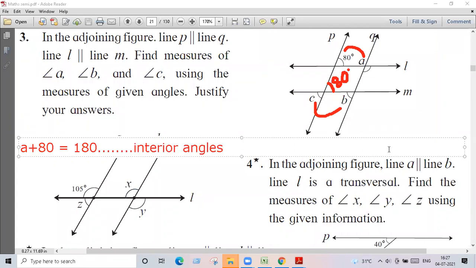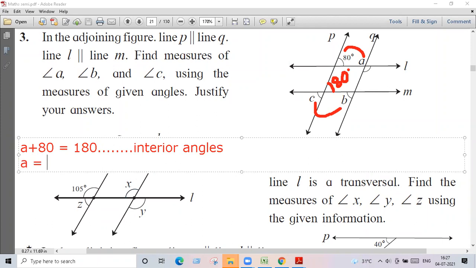Therefore, A is equal to 180 minus 80, which is 100.